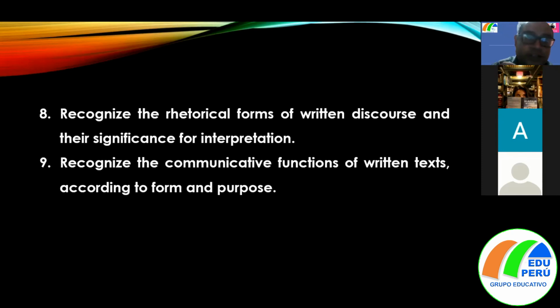If they are going to read for general information, for specific information, or for details, they need to be able to recognize the purpose of reading and the communicative functions of the written text.